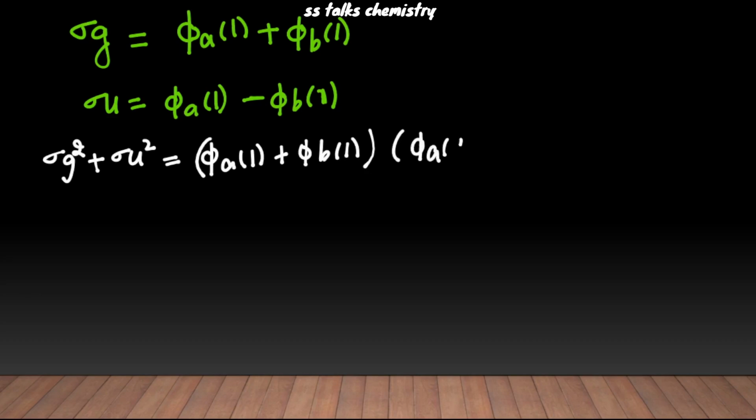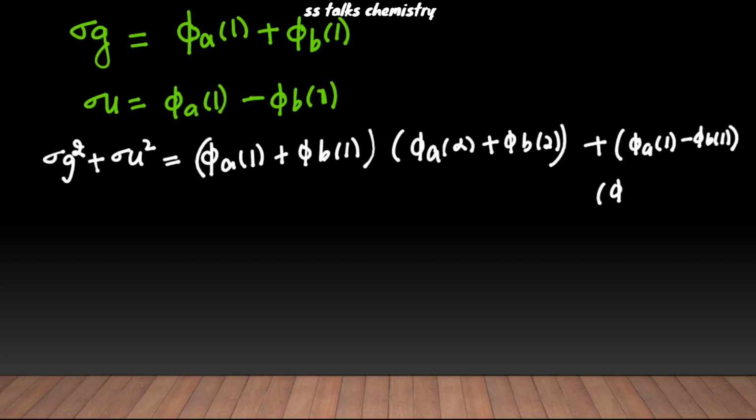So it will be again phi A2 this time plus phi B2. Plus sigma u, that is going to be for the first electron phi A1 minus phi B1, into phi A2 minus phi B2. So this is going to be there.